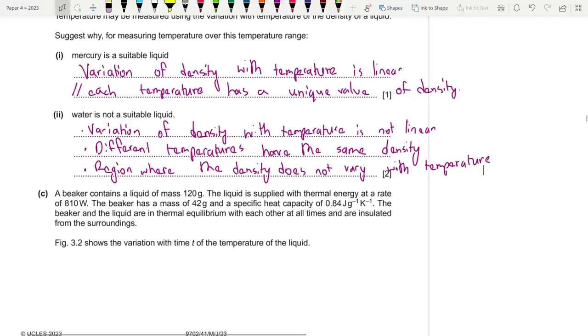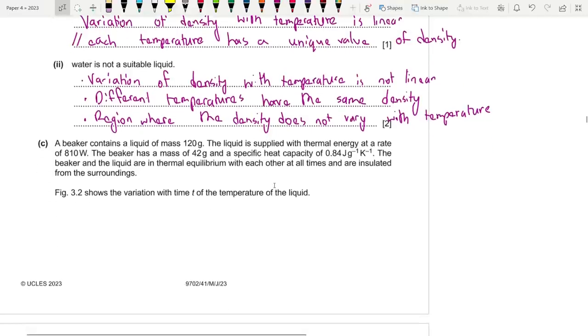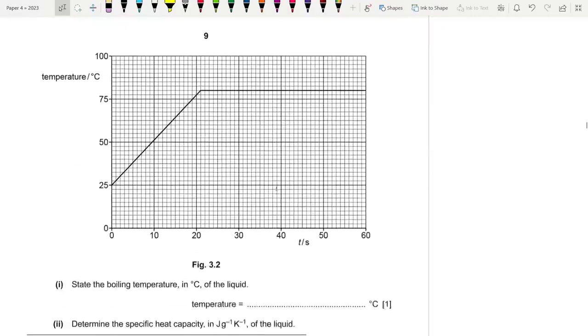Okay, now a beaker contains a liquid of mass 120 grams. The liquid is supplied with thermal energy at a rate of 810 watts. The beaker has a mass of 42 grams and a specific heat capacity of 0.84 joules per gram per Kelvin. The beaker and the liquid are in thermal equilibrium with each other at all times and are insulated from the surroundings. Figure 3.2 shows the variation with time of the temperature of the liquid.